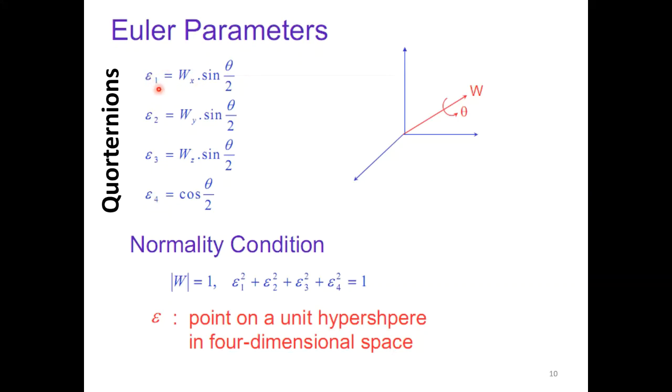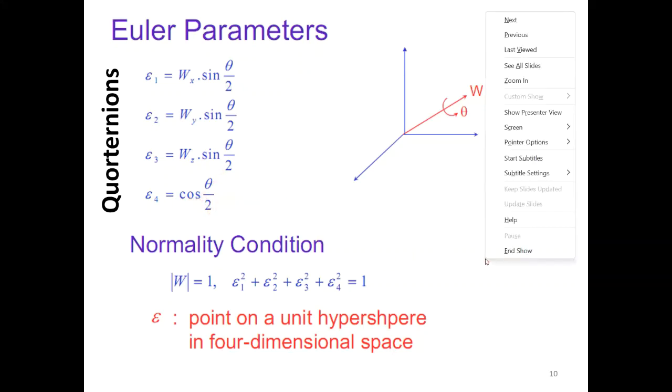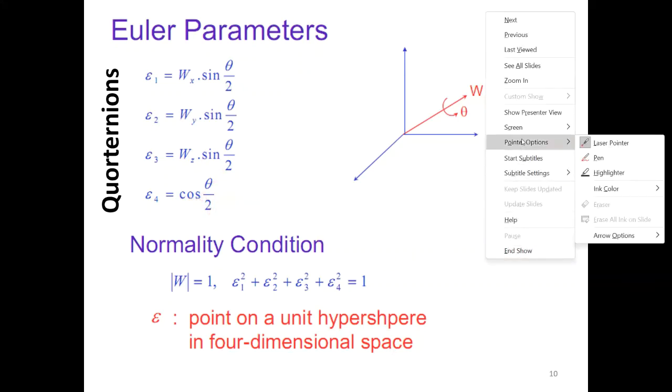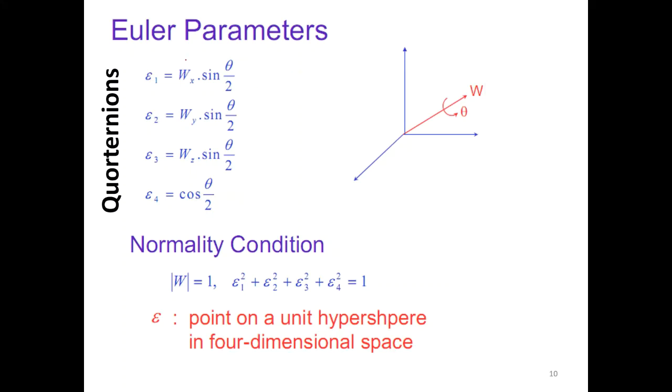First Euler parameter, epsilon 1, is Wx sine theta by 2. Second one, Wy sine theta by 2. Third one, Wz sine theta by 2. Fourth one is cos theta by 2. So if you look at this right-hand side, what you see is Wx, Wy, Wz.